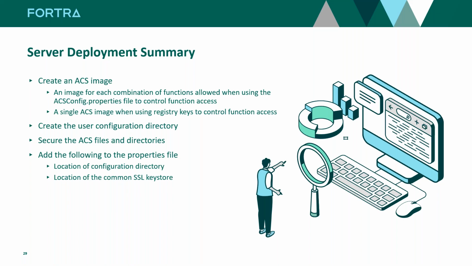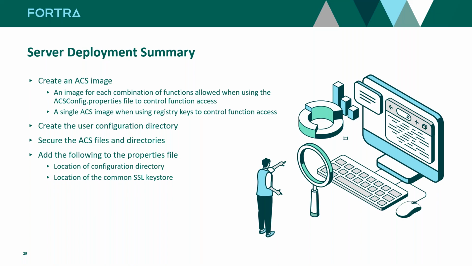then you're going to create the user configuration directory, and then you're going to secure the ACS files and directories based upon that table that we saw earlier. And then you're going to add the location of the configuration directory as well as the location of the common SSL key store into the ACS config.properties file for that particular image.